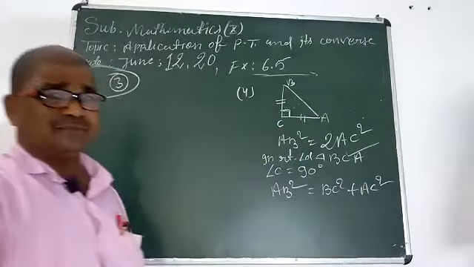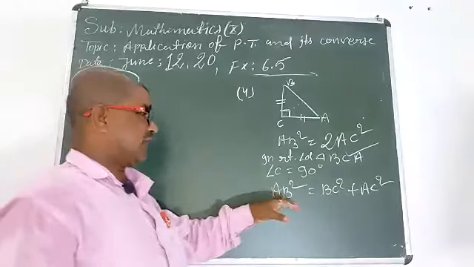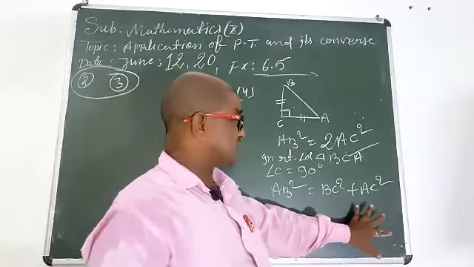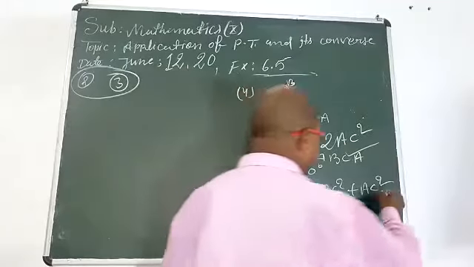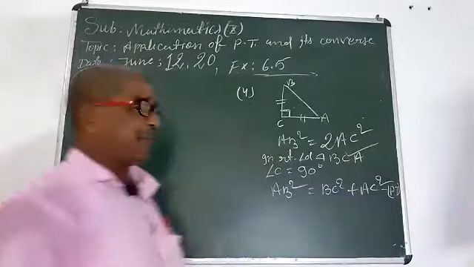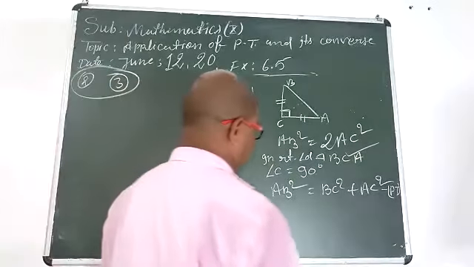Why? Because the square of the hypotenuse equals the sum of the squares of the other two sides. This is PT, Pythagoras theorem.